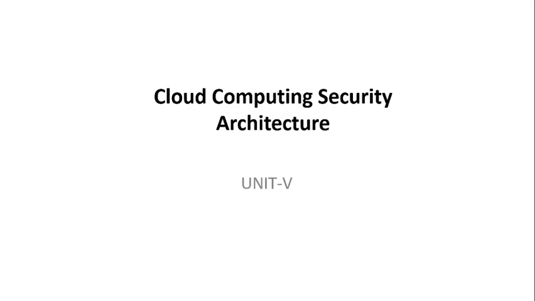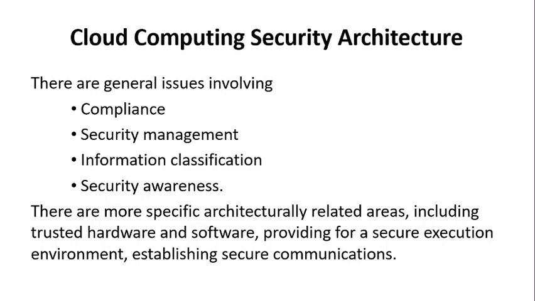And the main important things are compliance issues and security management, information classification, and security awareness. If you observe the compliance issues, compliance with the legal regulations should be supported by cloud security architecture.